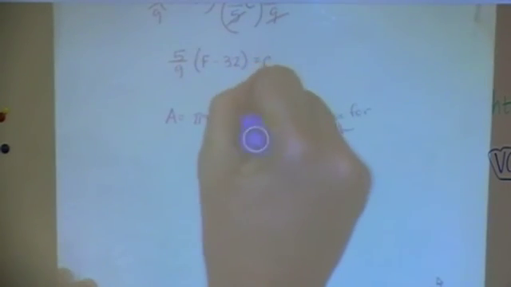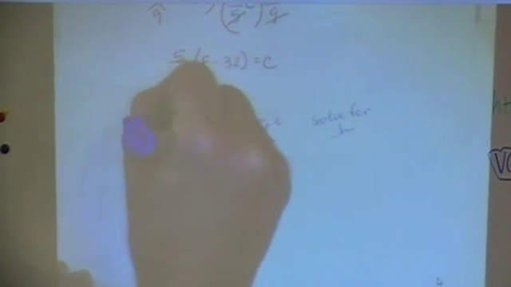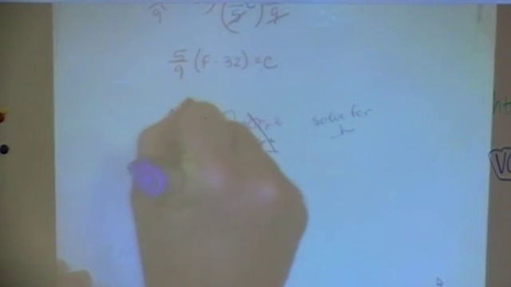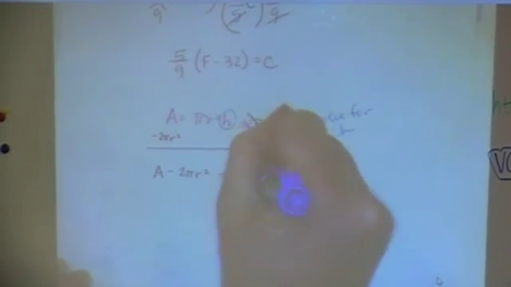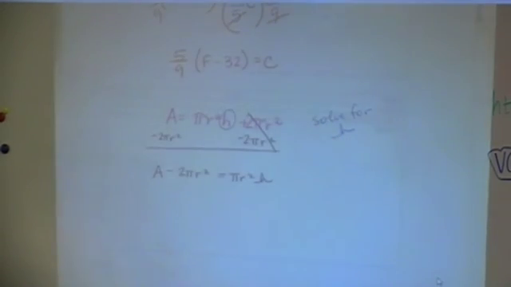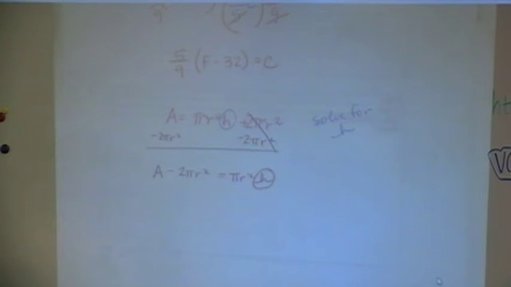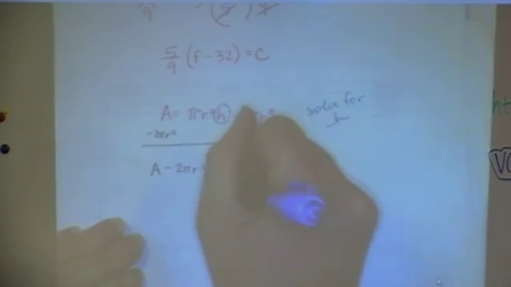Yes. Okay, I'm still just trying to get h by itself. So I need to get rid of that pi r squared. What now? We can just divide by pi r squared.